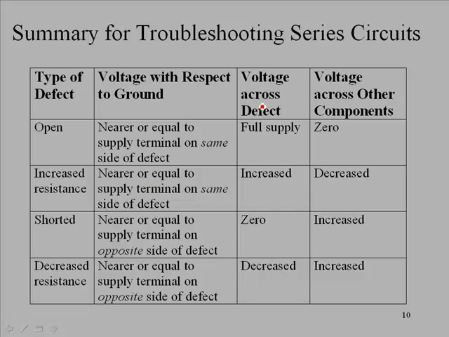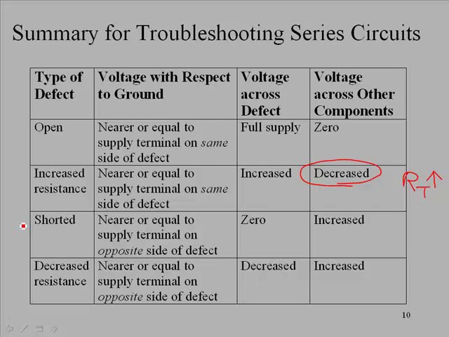In fact, the voltage across the defect here, it says, has increased. So the voltage across the defect will increase, but you wouldn't see the full supply voltage. And the voltage across other components, notice it has decreased. And the reason that it has decreased is because the total R has gone up. And so if total resistance has gone up, the current has gone down, and so the voltage measured across these other components will be lower because there's a lower current.